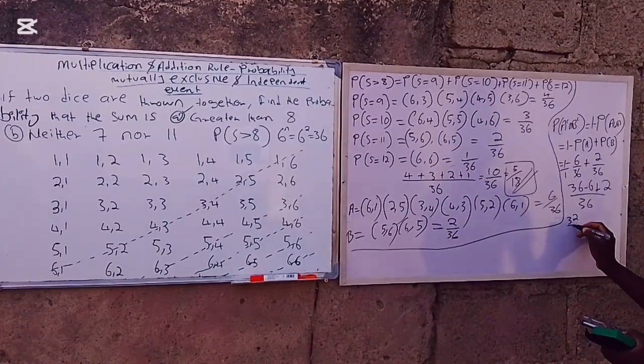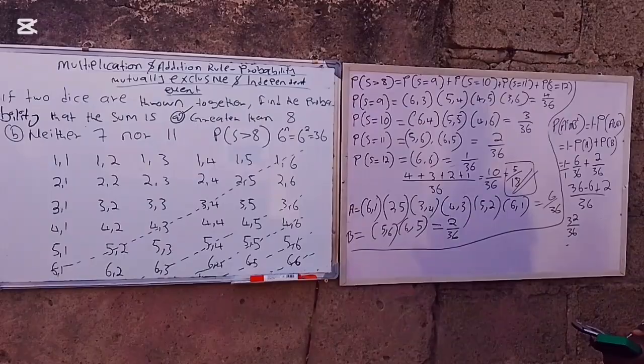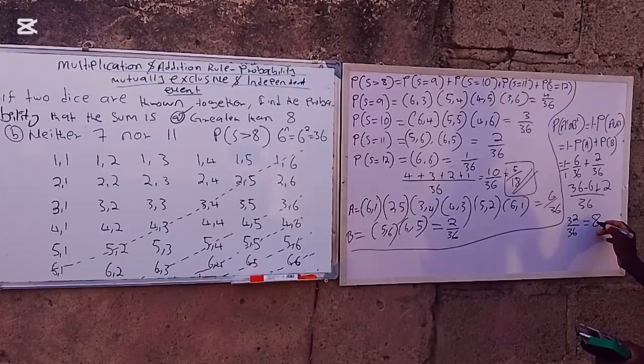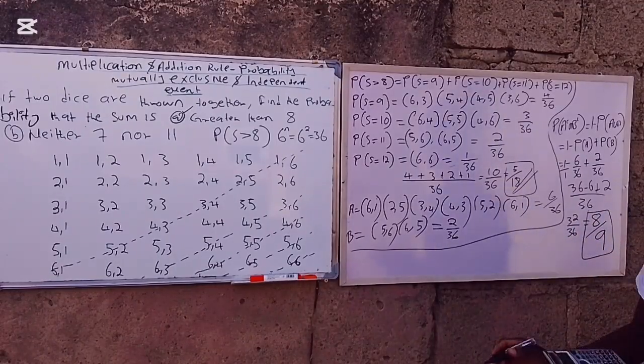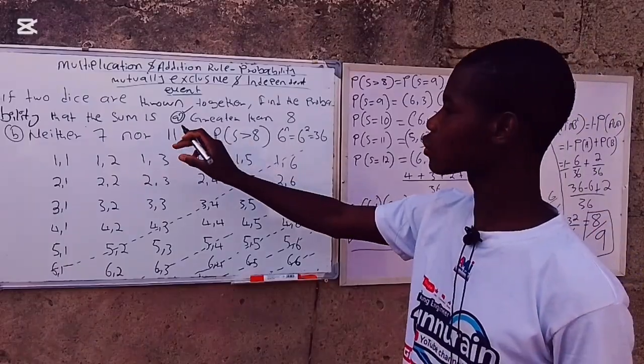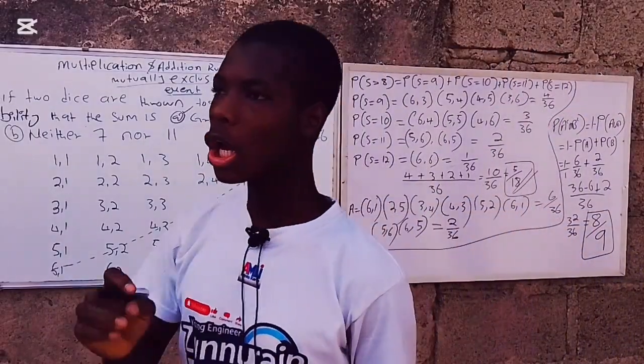I'll get 32 divided by the value of 36. At the end, I'll get 8 divided by 9. So this is the probability that the sum is neither 7 nor 11.